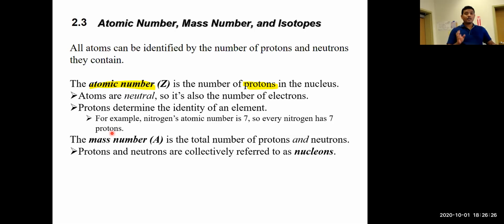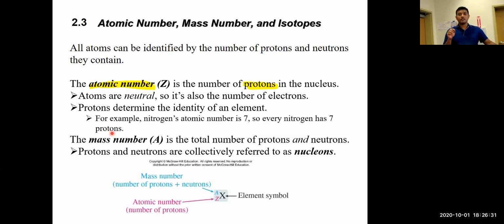That's why we call the mass number the collective mass of the protons and the neutrons present in an atom. This is typically how an element symbol is presented, with its mass number and atomic number. The atomic number is the smallest number you can find next to an element symbol in the periodic table, and it is equal to the number of protons. The largest number next to the element is the mass number, which contains the overall masses of the protons and the neutrons present.